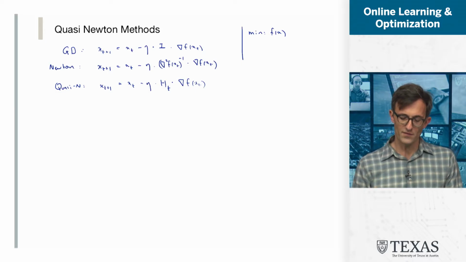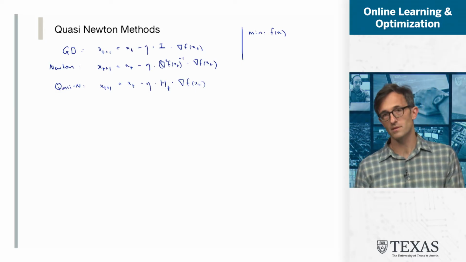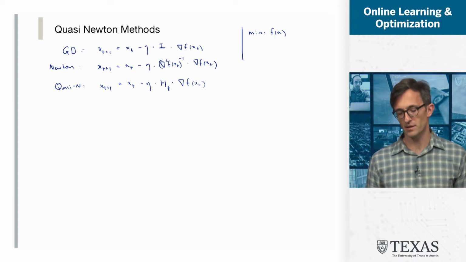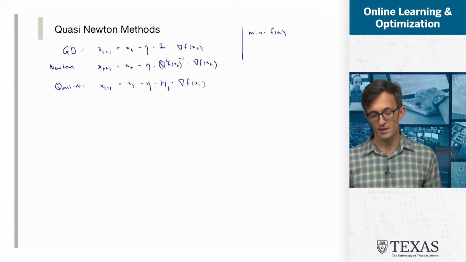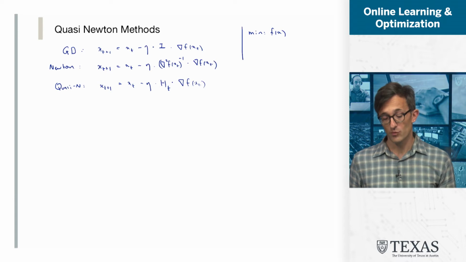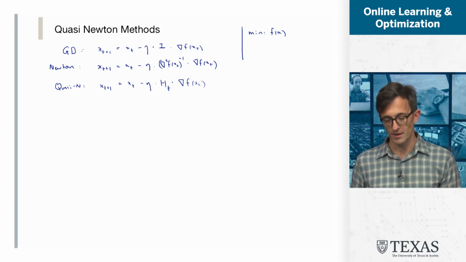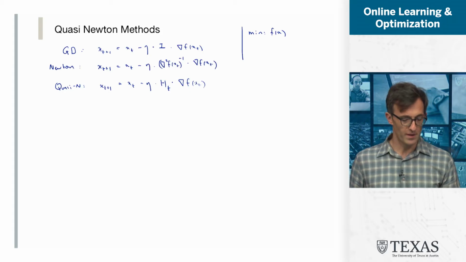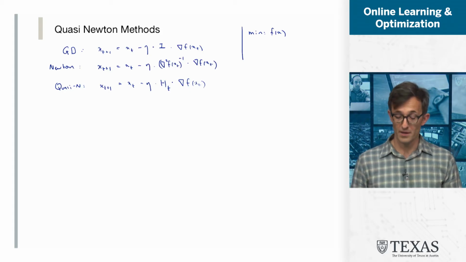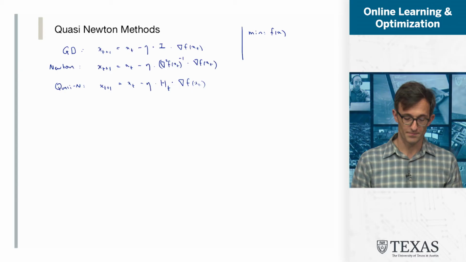But this gives us hope that perhaps there is some intermediate ground. Perhaps I can choose H_t equal to something that will give me better convergence than just putting in the identity and getting gradient descent, but on the other hand will be less expensive.